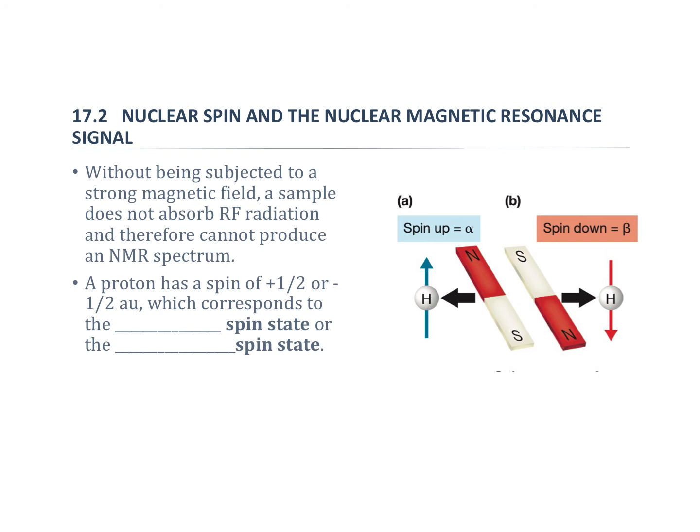Okay, so let's first start off and answer that question about the magnetism first, or that magnetic field. So in an NMR experiment, the sample is placed in a strong magnetic field because without being subjected to a strong magnetic field, a sample is not going to absorb RF radiation and cannot produce an NMR spectrum.